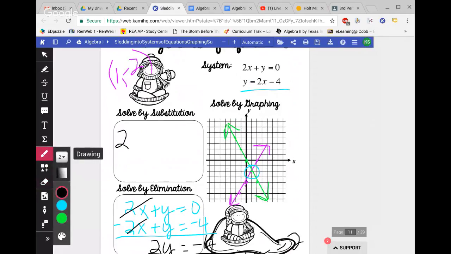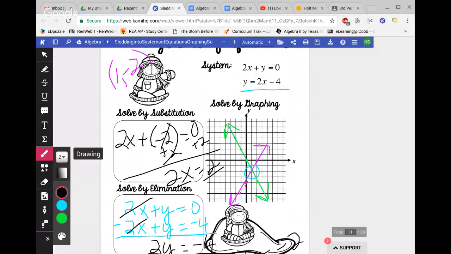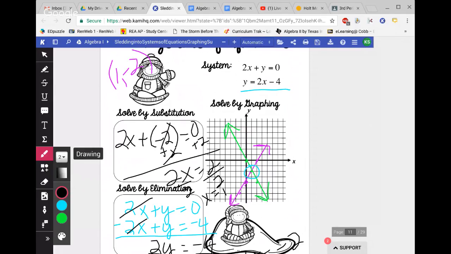So we've got 2x plus -2 equals 0. And we're going to add 2 to both sides. So that gives us 2x equals 2. Divide both of those by 2, and we have x equals 1. And so we got 1 and -2.